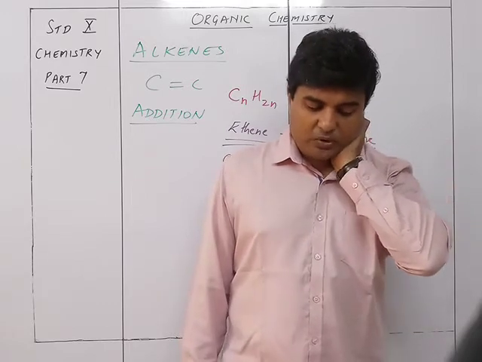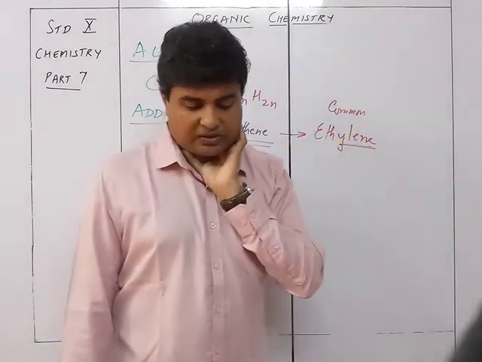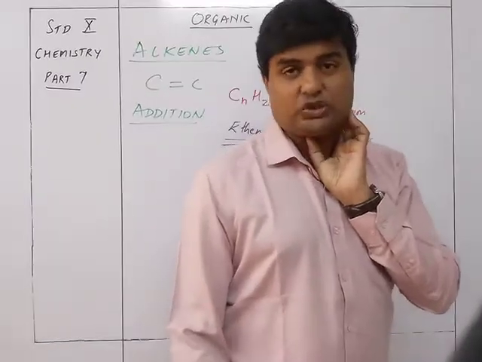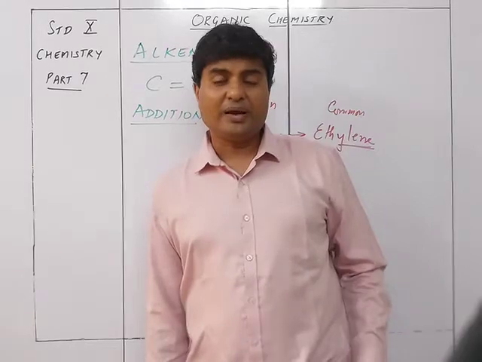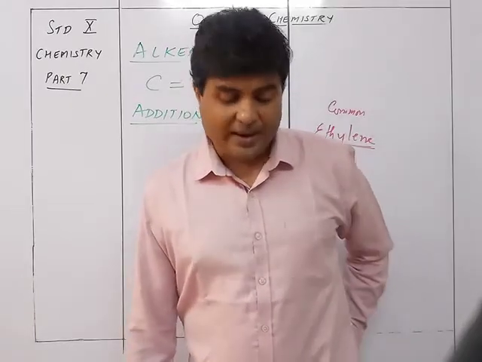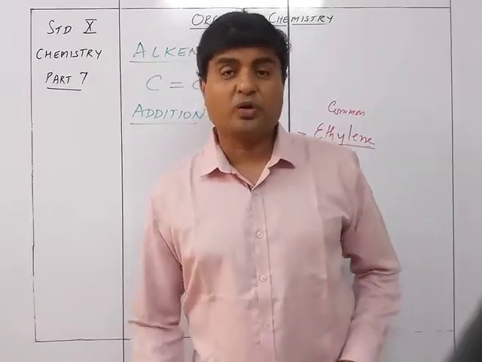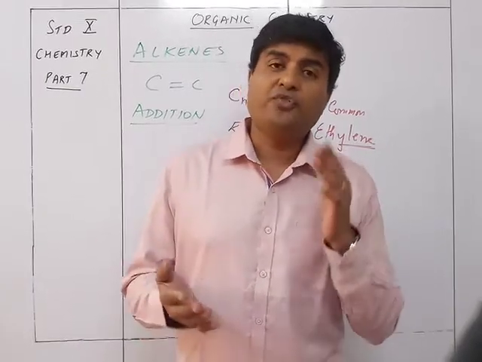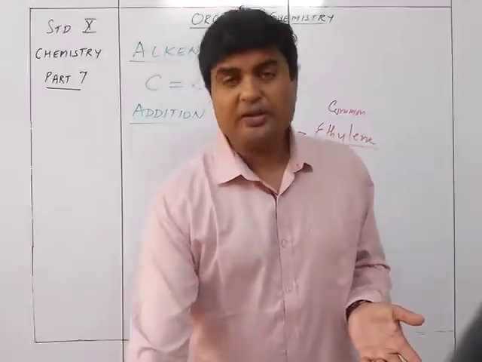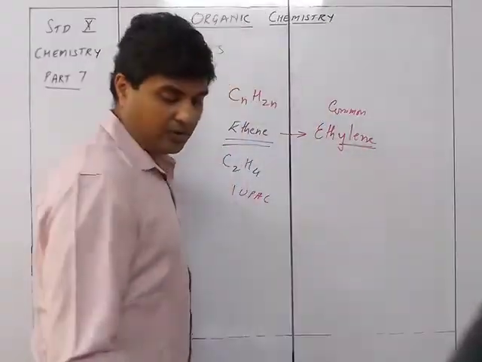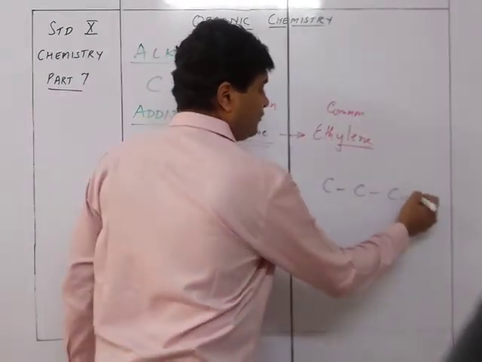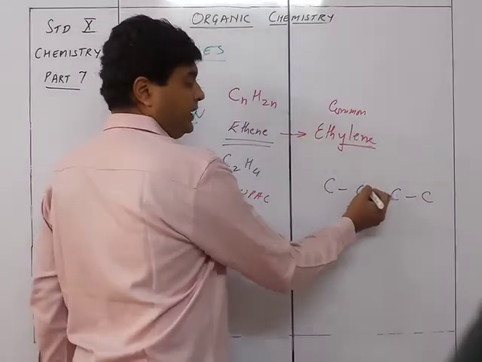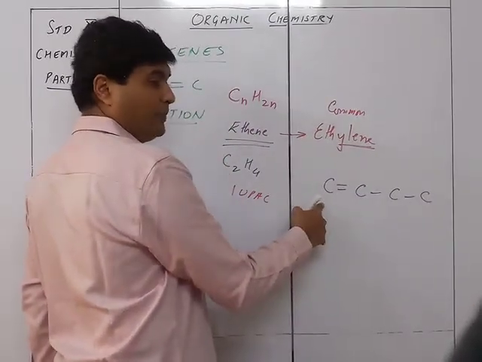Once you have butylene, it will have isomers, which could be either 1-butylene or 2-butylene. Why is it so? Because the double bond can be on the first carbon atom or on the second carbon atom. Butyl is 4, so the double bond could be here, then it is 1-butylene.